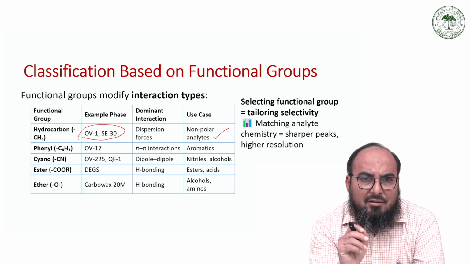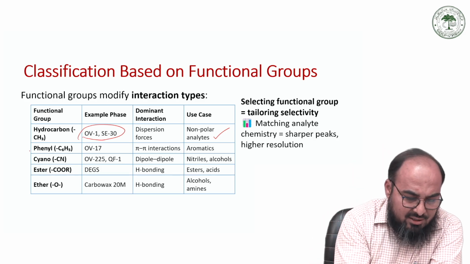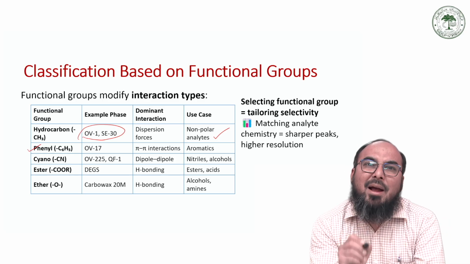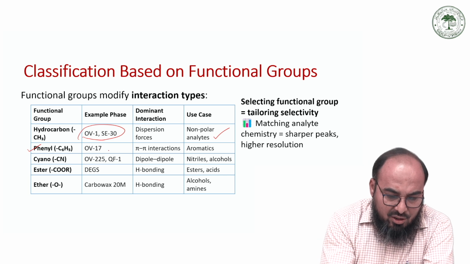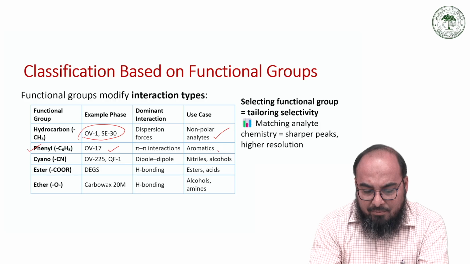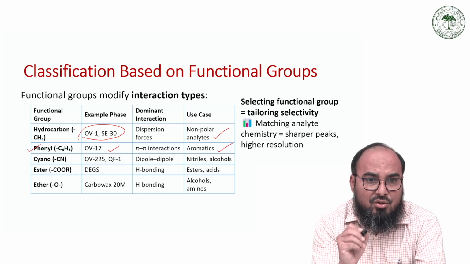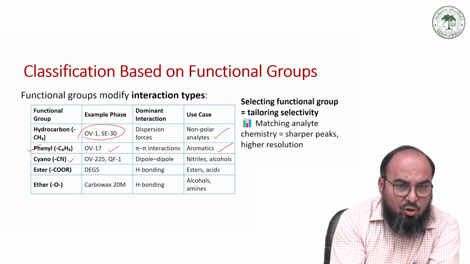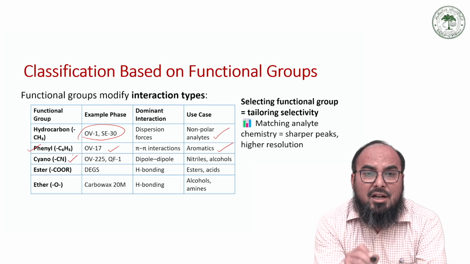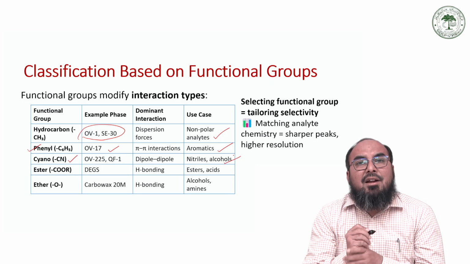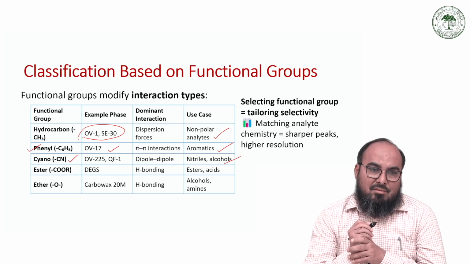Similarly, the moment you introduce the phenyl group, we have seen it, you actually introduce the pi-pi interaction, and an example is OV17, and it is good for the separation of aromatic compounds. Similarly, if you introduce an electronegative group like the cyano group, CN, now you have facilitated the formation of dipole-dipole interaction. And it is good for the separation of nitriles and alcohols, OH.